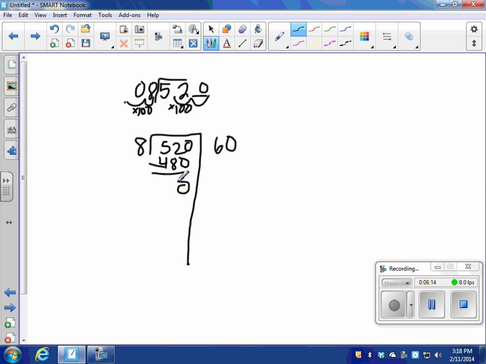So I'm going to go ahead and do that subtraction. And that leaves me with 40. 40 divided by 8 gives me 5. 5 times 8 is 40. So now I can add these numbers. So 60 plus 5 gives me 65.